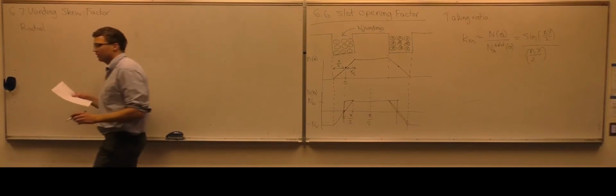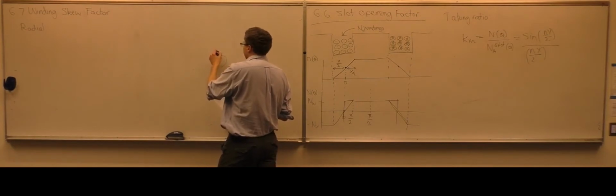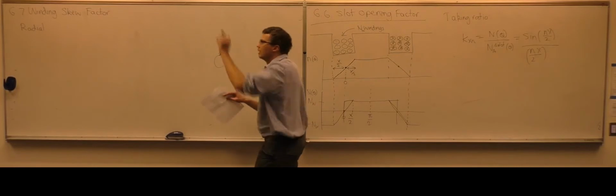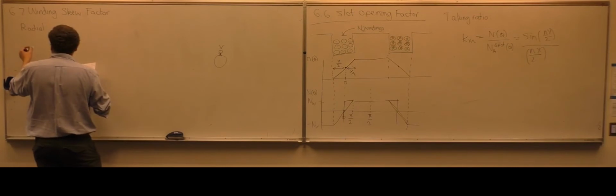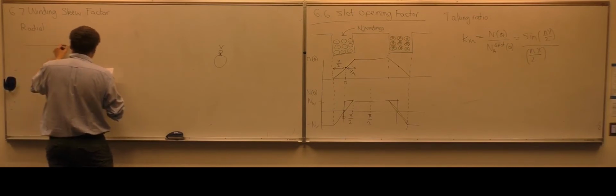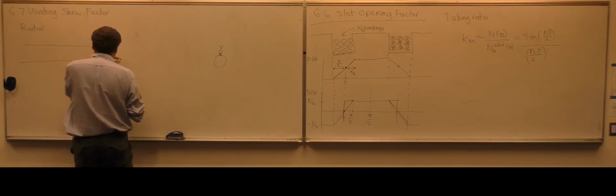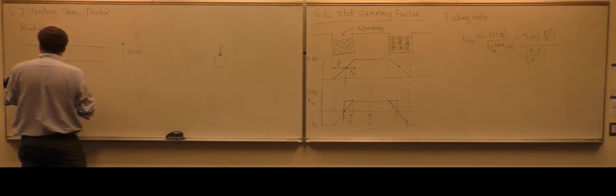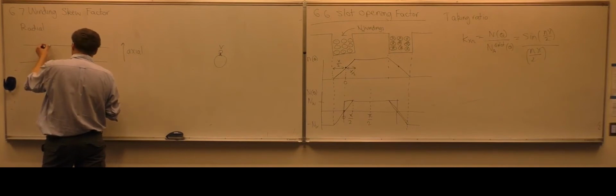So radial view is you're standing on the rotor, as you did with the electric machines class, looking up, or you could look down, I suppose. And then you would see that the winding, where this is the axial direction, doesn't go straight across, but goes on an angle.